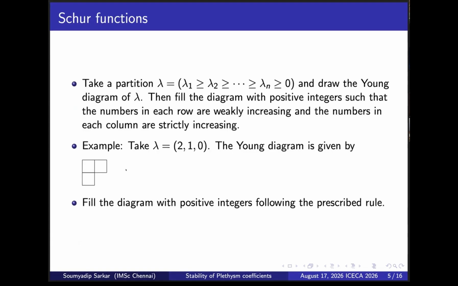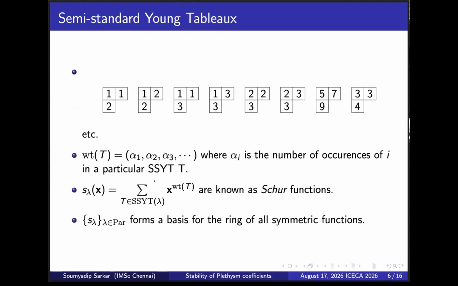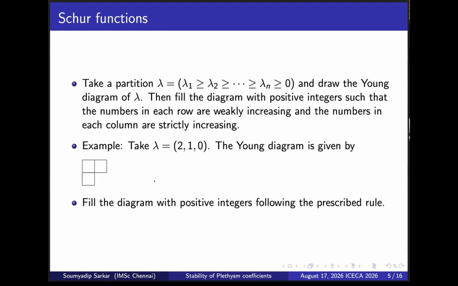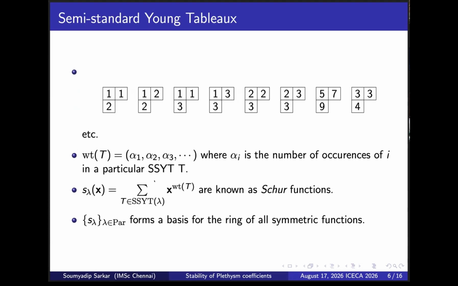Okay. So now Schur functions. For each lambda, we can define a Schur function. So how do you define it? You take a partition and its Young diagram. For example, I have taken (2, 1, 0). You take the diagram, and then you fill the diagram with the prescribed rule. So what is the rule? You have the alphabet 1, 2, 3 up to infinity.